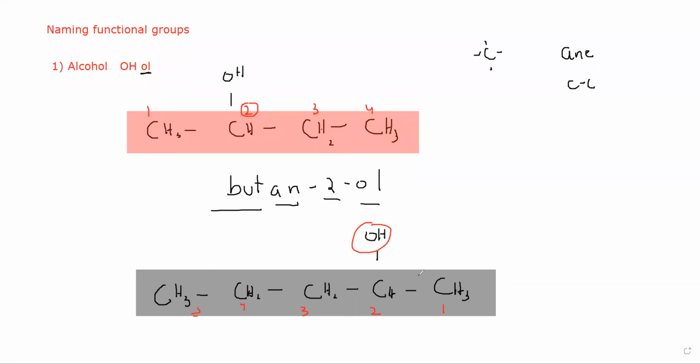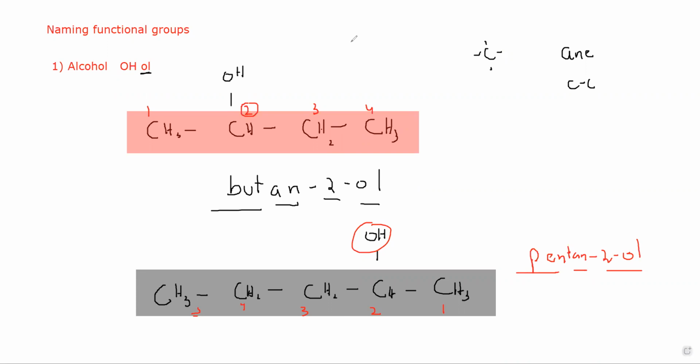That's why it is pentan-2-ol, not butan, sorry, pentan-2-ol, because 5 carbons is pent, single bond is an, and OH is present with the second carbon. That's why it is 2-ol. So this is what we discussed last week about alcohols.